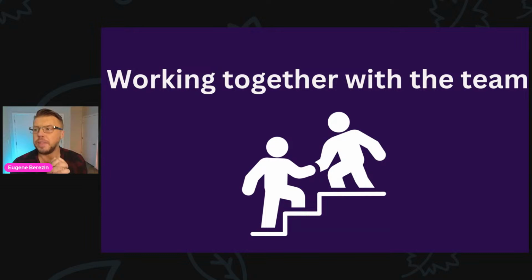This is another key to your career success. If you want to be successful at your job as an iOS developer or whatever, a QA engineer, you have to be a good team member. You have to work together with the team.